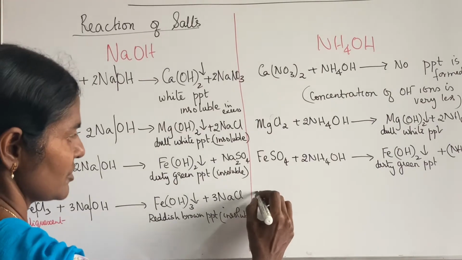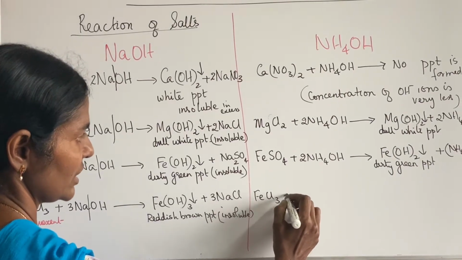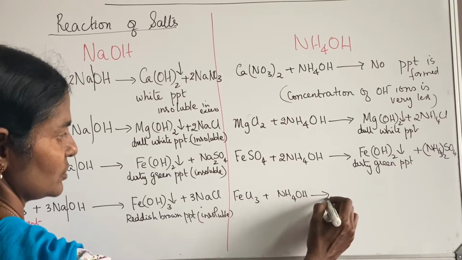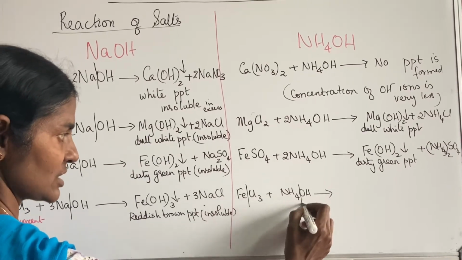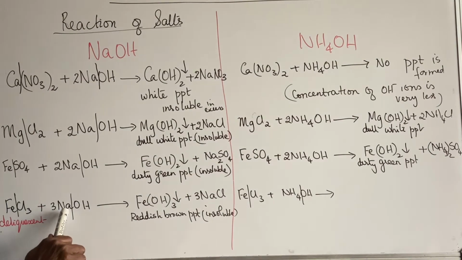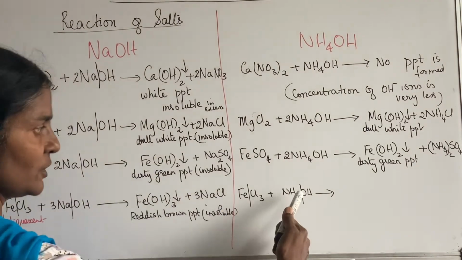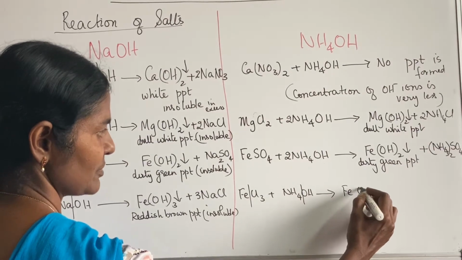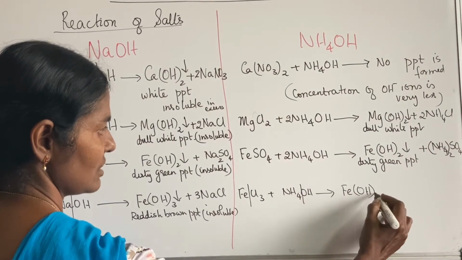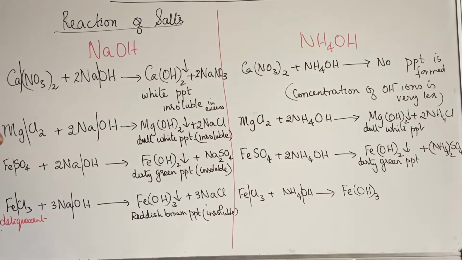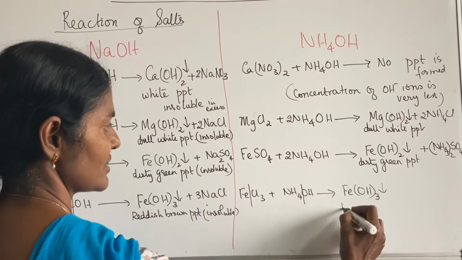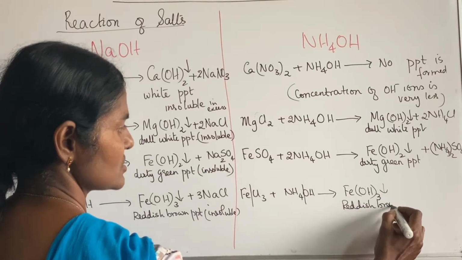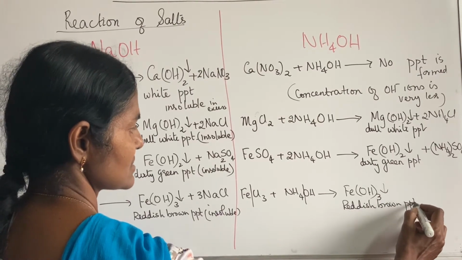Now the same ferric chloride, when it reacts with ammonium hydroxide, also you break it down. Here we would get ammonium chloride, but the precipitate is ferric hydroxide. Again it is a reddish brown precipitate and it's insoluble in excess.